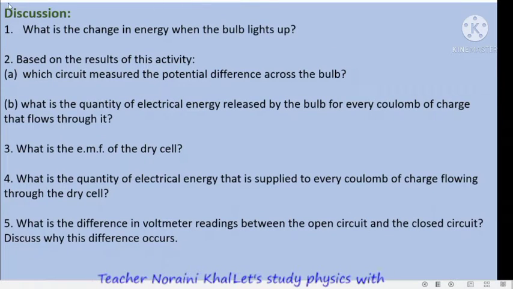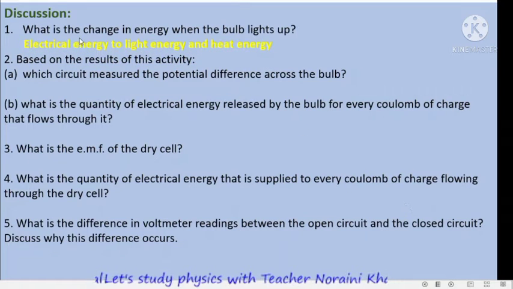Let's discuss some questions under this activity. What is the change in energy when the bulb lights up? Electrical energy to light energy and heat energy. 2. Based on the result of this activity, which circuit measured potential difference across the bulb?